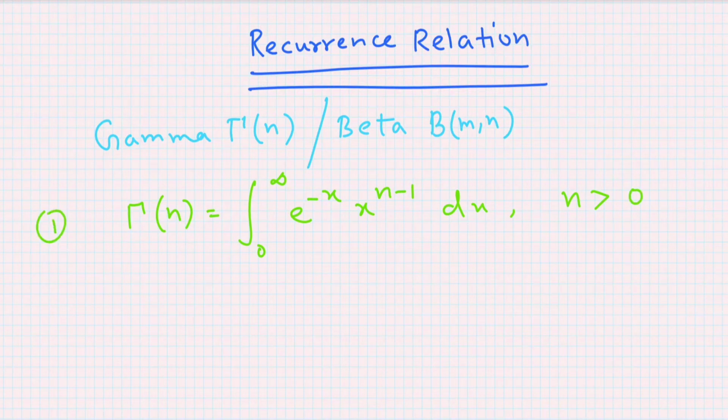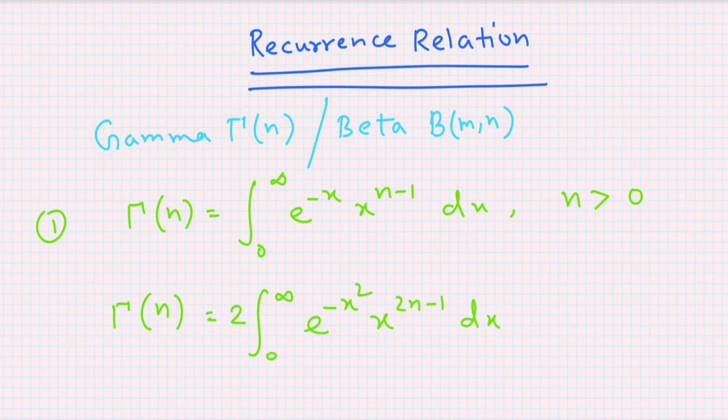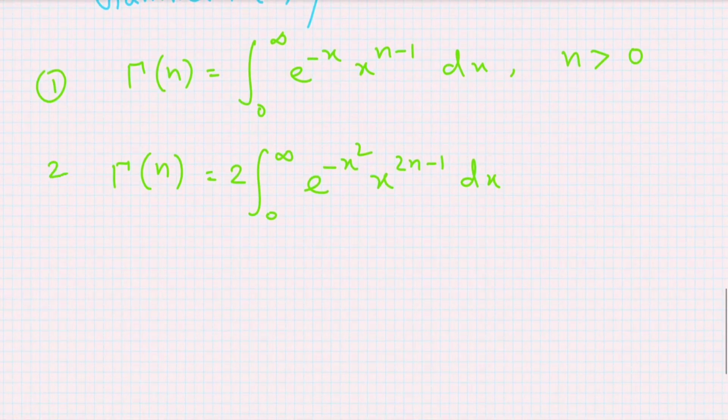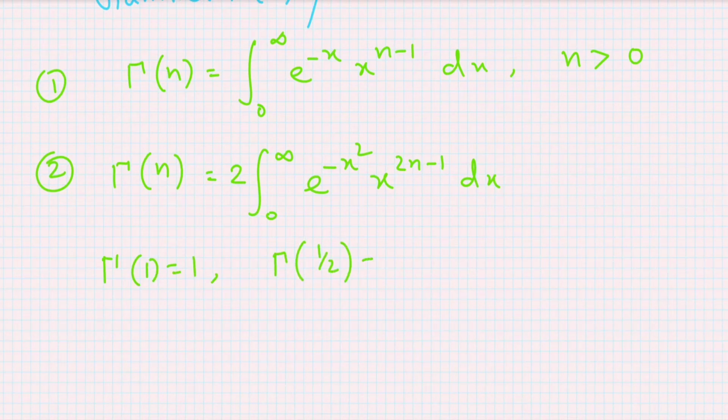Another form of the gamma function is 2 into integration 0 to infinity e power minus x square, x power 2n minus 1 dx. The basic values are gamma 1 equal to 1 and gamma half equal to root pi. These properties are very important for integration also.